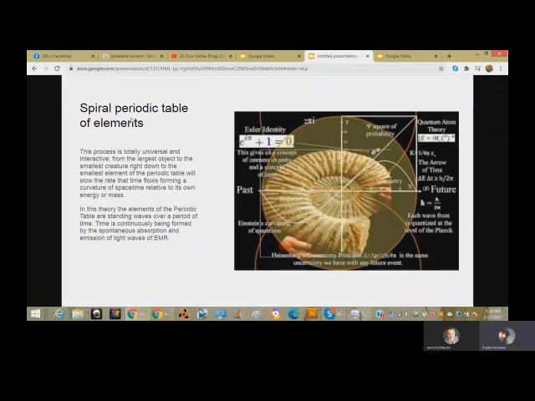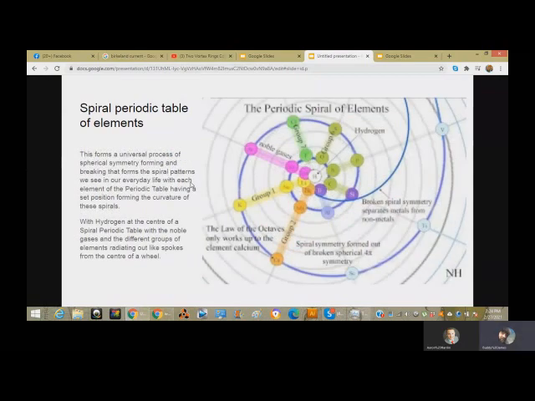Time is continuously being formed by the spacious absorption and emission of light waves of electromagnetic radiation. This forms a universal process of spherical symmetry, forming and breaking, that forms the spiral patterns we see in our everyday life, with each element in the periodic table having a set position, forming the curvature of these spirals.